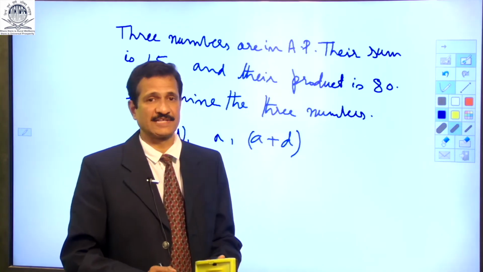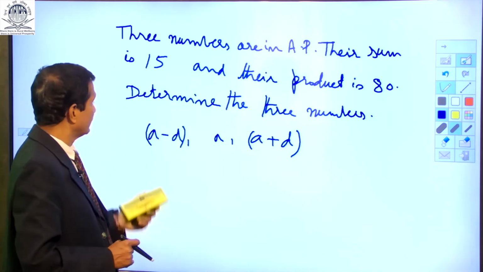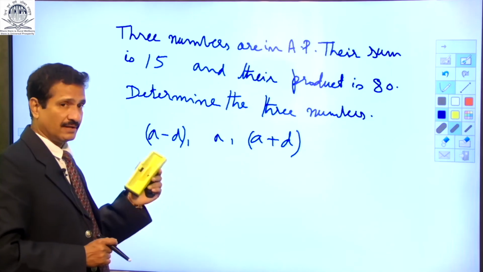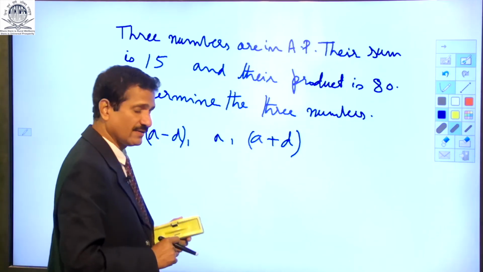Thank you. Now, let us move to the next problem. Reading the problem now, 3 numbers are in AP, their sum is 15 and their product is 80. Determine the 3 numbers. Now, here there is a technique.